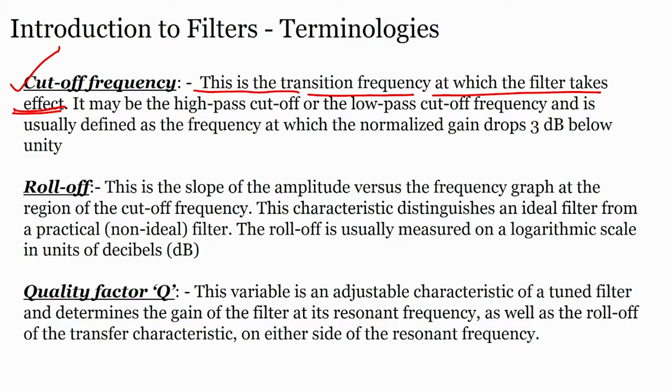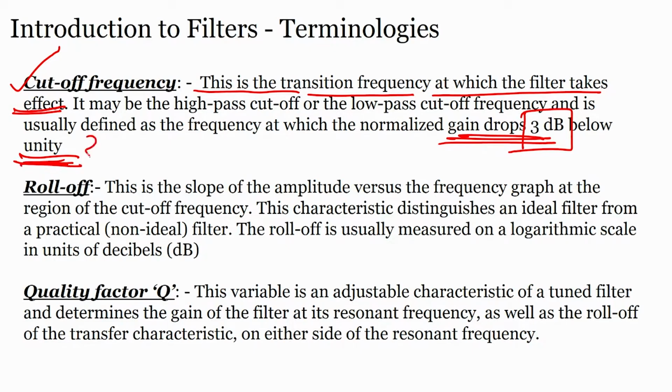It may be high pass cutoff or low pass cutoff frequency, and usually defined as the frequency at which normalized gain drops 3 dB below unity. Very important, again the same thing I told you in the theory. I am talking to you again in the practicals, that why you have to use the 3 dB below unity.